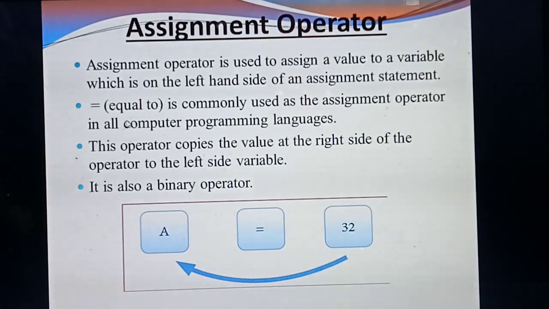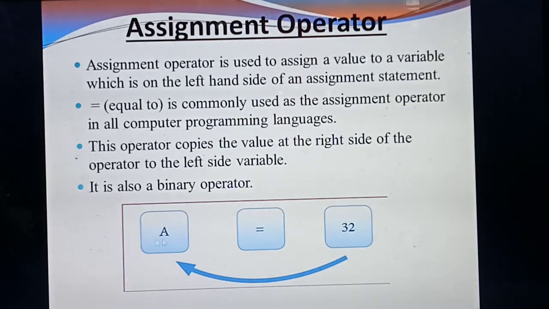Equal to symbol. So a equal to 32 means the value of a is 32. This is common for all the programming languages. The equal to symbol only we are going to use as the assignment operator. What's the meaning of this? It will assign or copy the value you give on the right hand side.